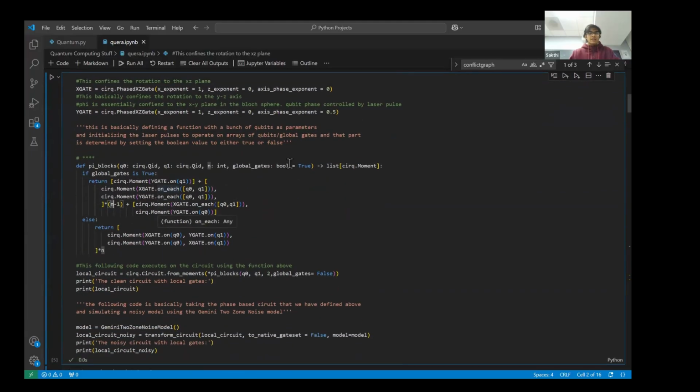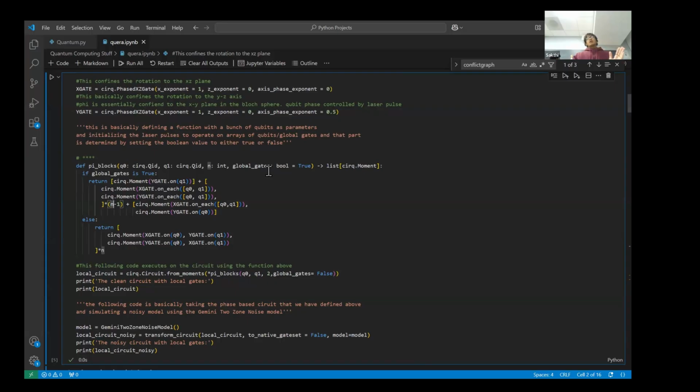And this is going to be the case when we're using global gates. The idea of a global gate is basically where you're trying to apply one laser pulse to multiple qubits just so you can minimize the error. Local gates is where you try to apply a gate on a particular qubit, but it ends up increasing the error compared to a global gate, because you want your result to be in some particular state, but due to external noise, it's going to deviate from that state.